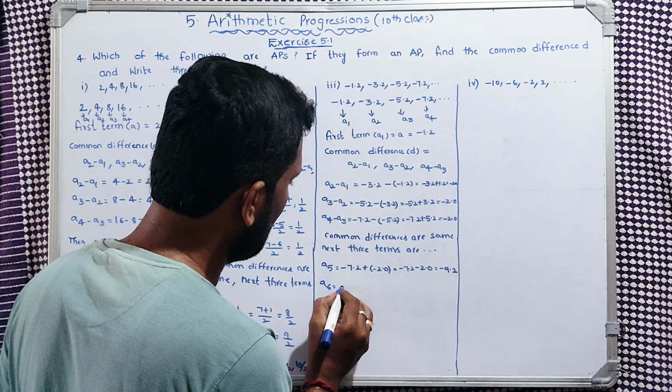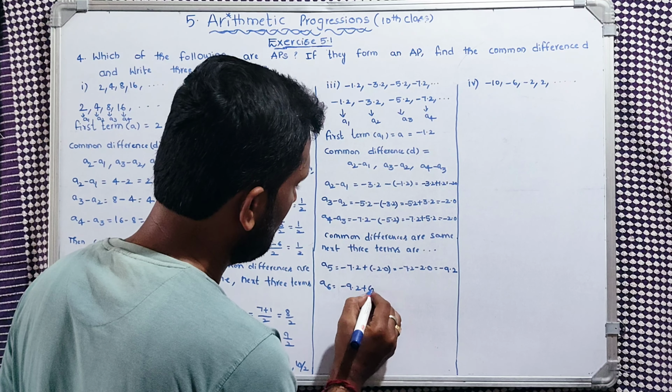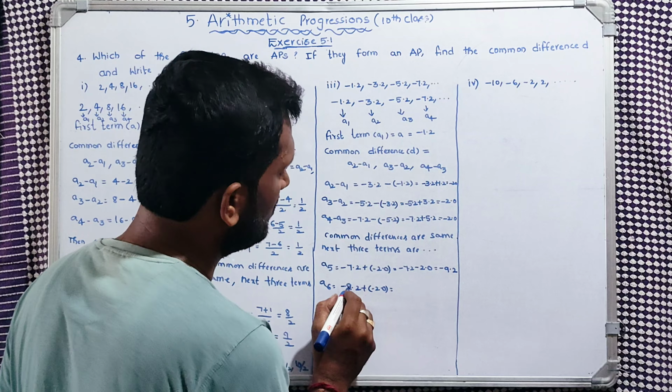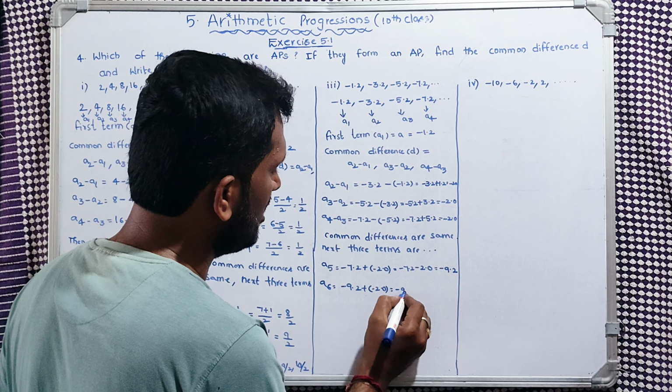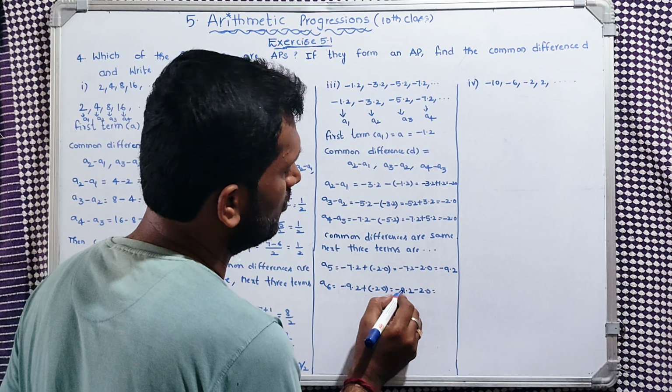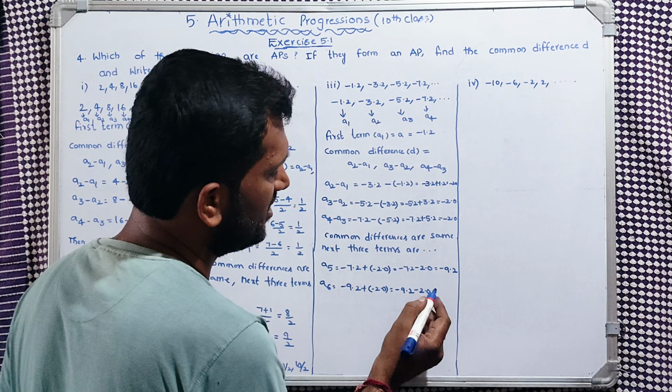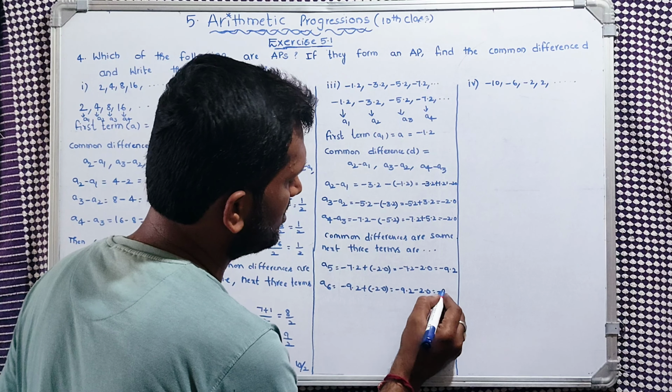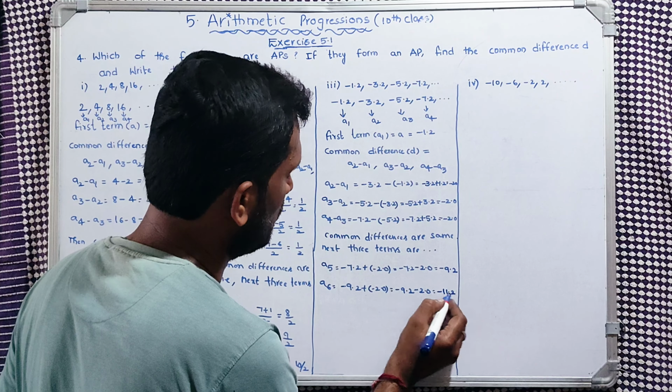Next, A6 equal to minus 9.2 plus minus 2.0 equal to minus 11.2.